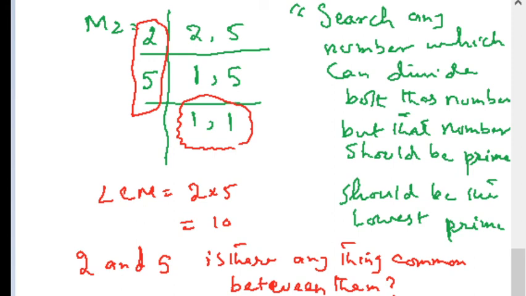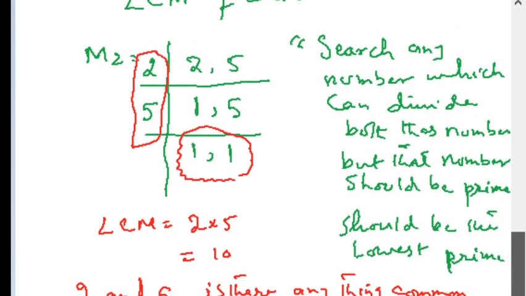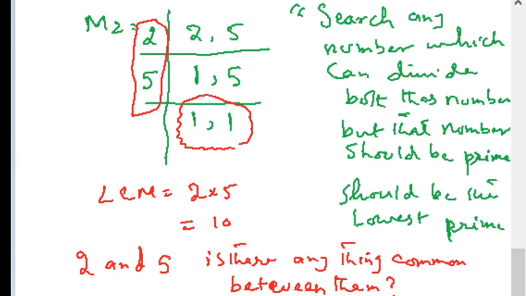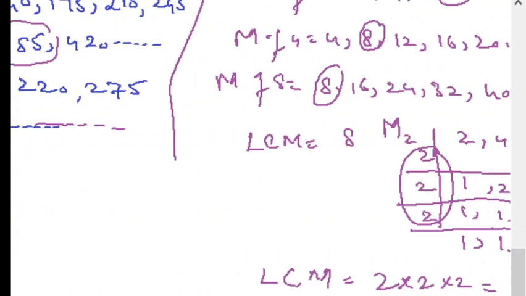Now multiples of 4 are what? Okay, I'm sorry, we don't have space here, so we go to the next page then. Okay, so it's enough for this page.